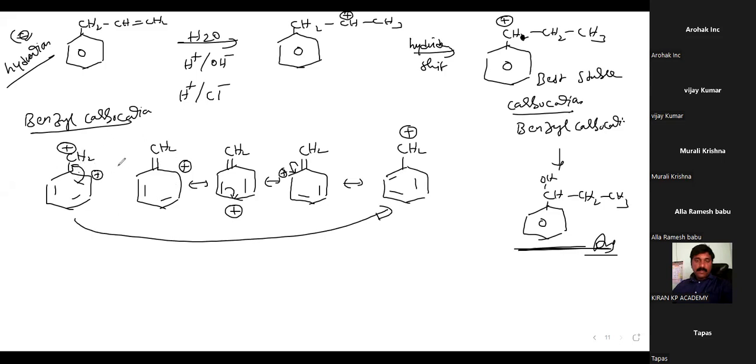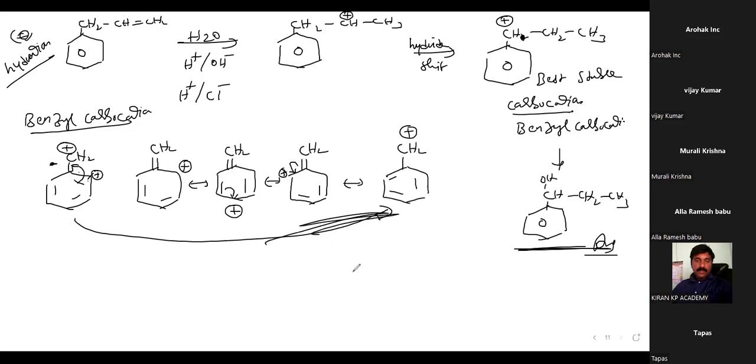So like this, the deficiency of this carbon is compensated by the benzene ring carbons. For a time, the benzene ring carbons are bearing the deficiency of the benzene attached carbon. So this is how the stability of this carbocation will be. In that aspect, you have to make sure.